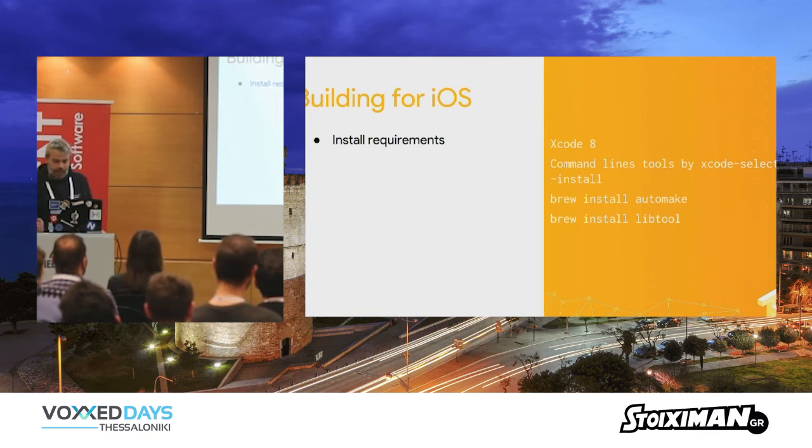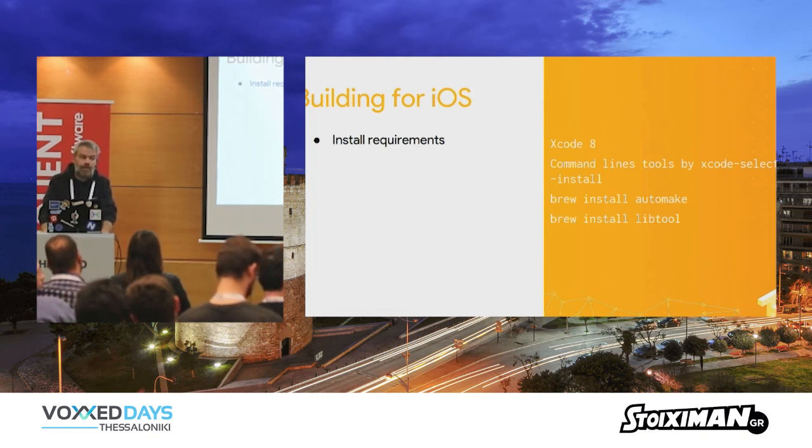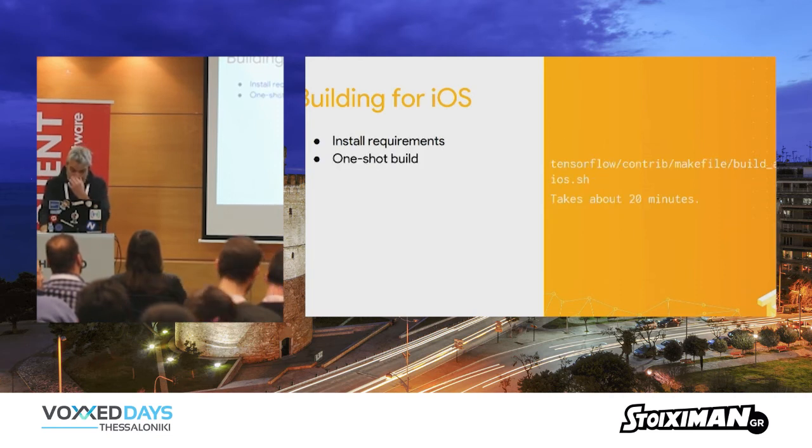Xcode and Makefiles, sorry. So you need to, well, I use Brew for some examples, because I'm more familiar with Brew, but you need to install Automake and libtool. Those dependencies installed, you just run the full TensorFlow library build in about 20 minutes.